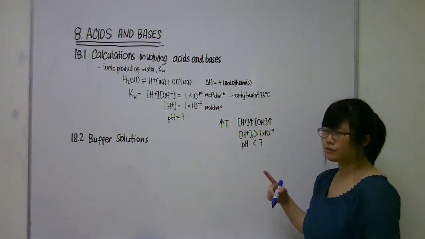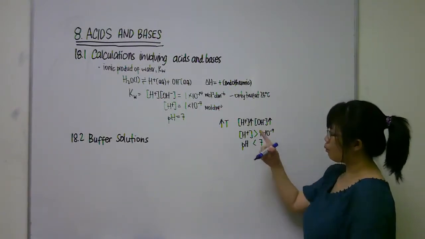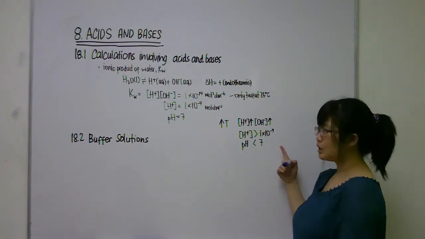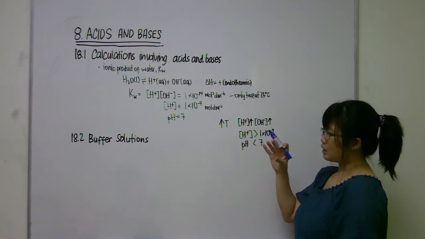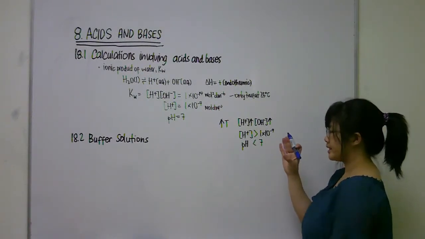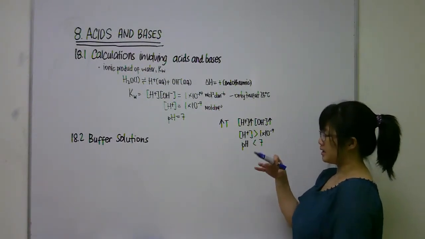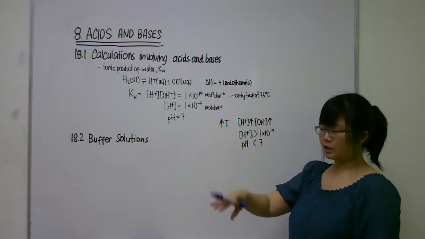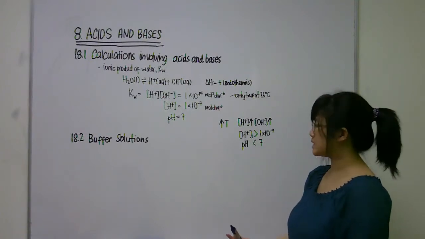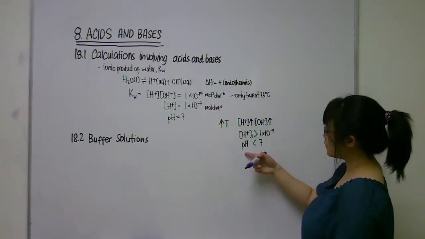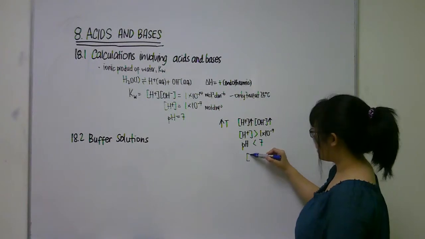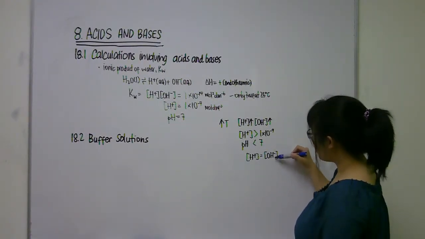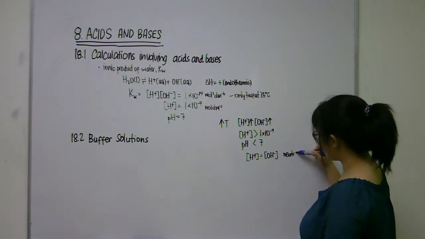Of course the next question that follows will be, does it mean water at higher temperatures is acidic because the pH is less than 7? So here is where we challenge their previous concept about using pH as a measure of acidity. Even though the pH is less than 7, because the H plus concentration is still equal to the OH minus concentration, water is still neutral.